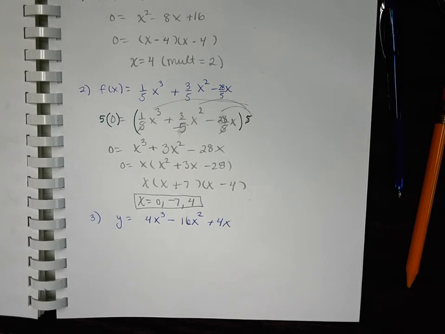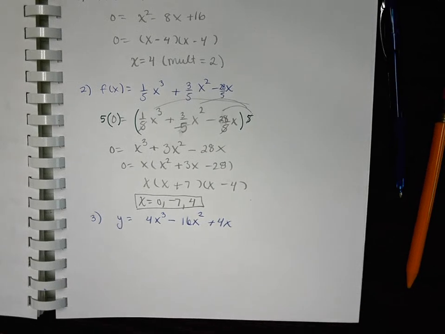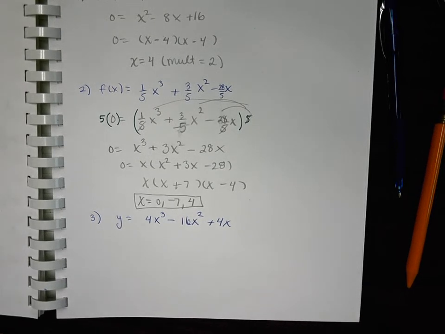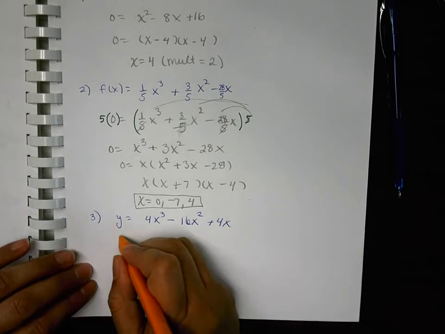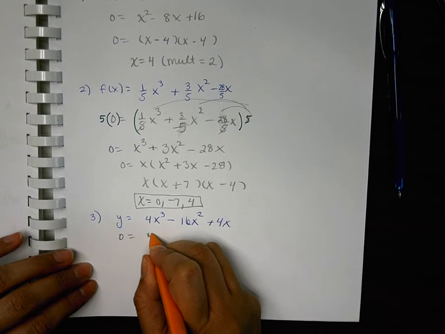All right. What's the first step on this one? After we said equal to 0, change that to 0. All right, what's the next step?